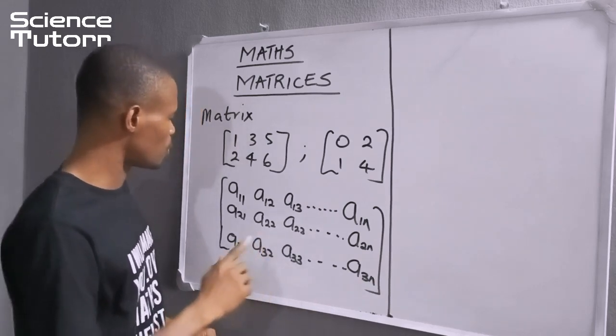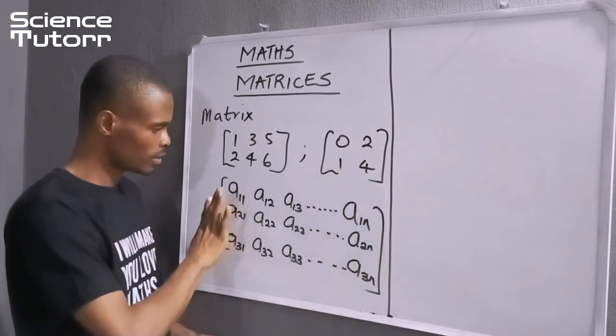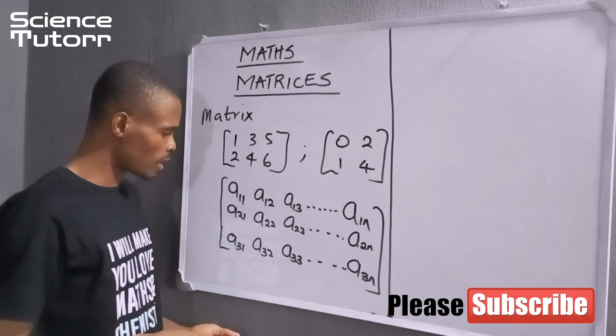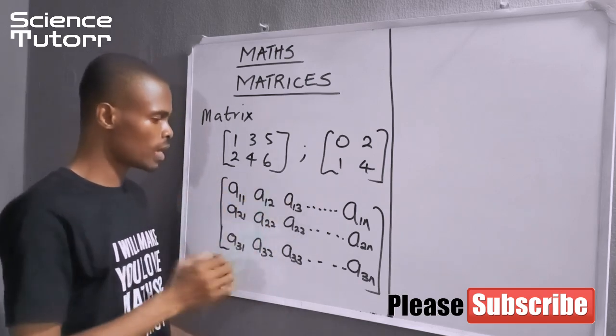Now, what we need to know in a matrix is this. This is a rectangular array. These represent numbers, okay? Now, in matrices, we have the rows and the columns.